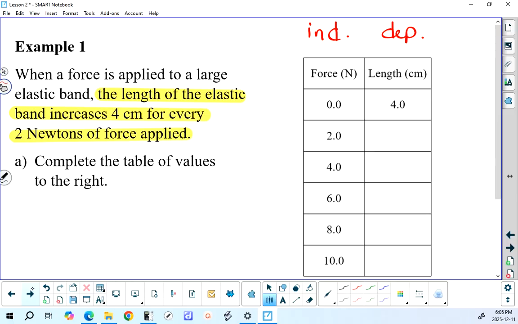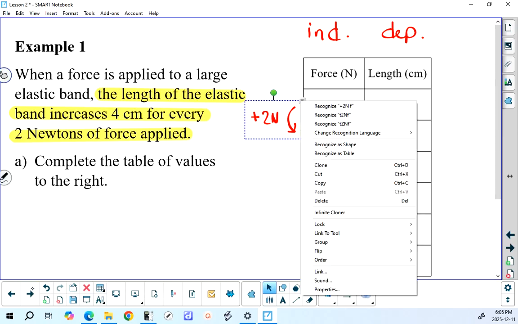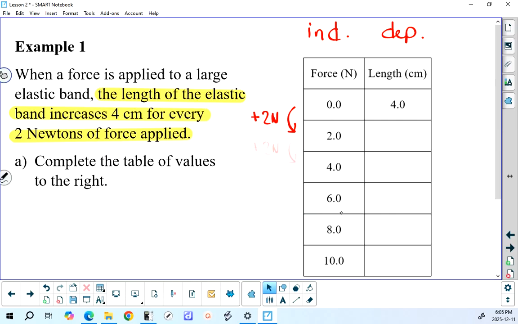But more importantly, it's filled in showing consistent changes. Specifically, it is always showing that we're going up by 2 newtons each time. Increased by 2 newtons. Increased by 2 newtons. Increased by 2 newtons. So there is a regular change in the independent variable.